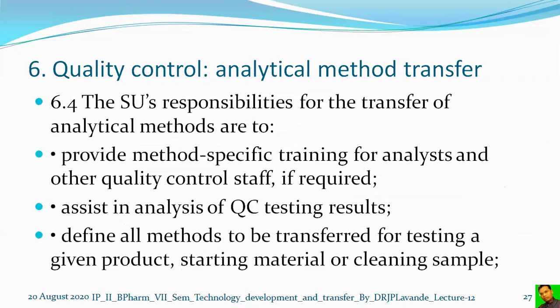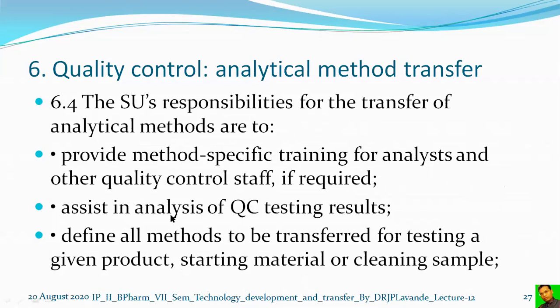The 6.4 tells that the sending unit's responsibilities for the transfer of analytical methods are, now what are the sending unit's responsibilities in terms of the QC guideline? They provide method-specific training for analysts and other quality control staff if required.